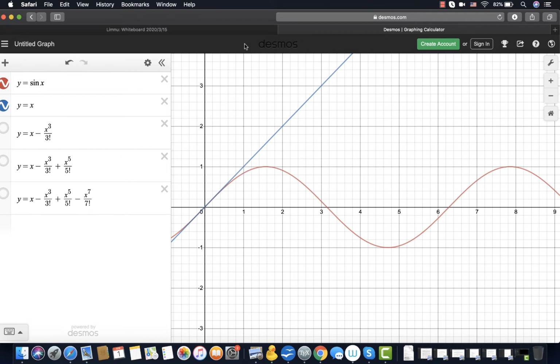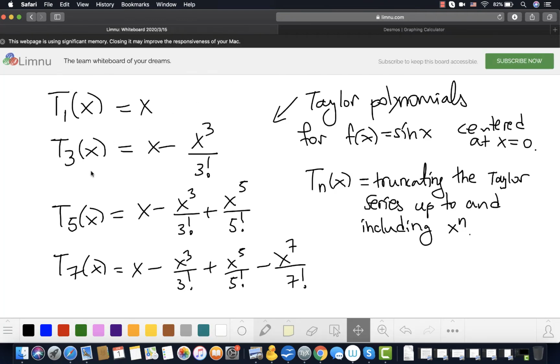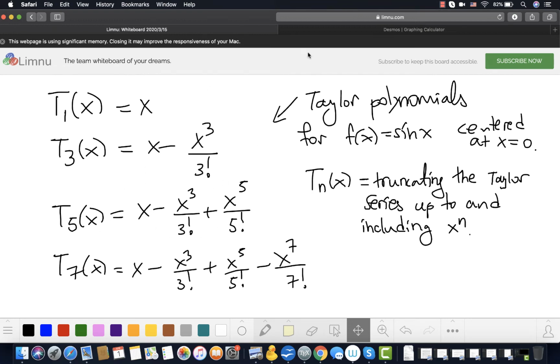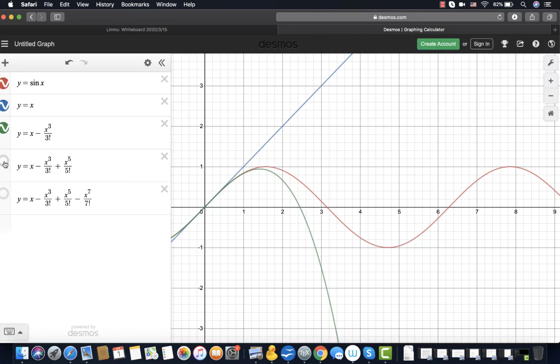Now the t sub 3, the Taylor polynomial of order 3, is this one here. If I graph this, it's the green one, and it's better than the line because it follows the line, but then it captures a little bit of the curvature of the function as well. And then we have the order 5 Taylor polynomial, so it's even better.